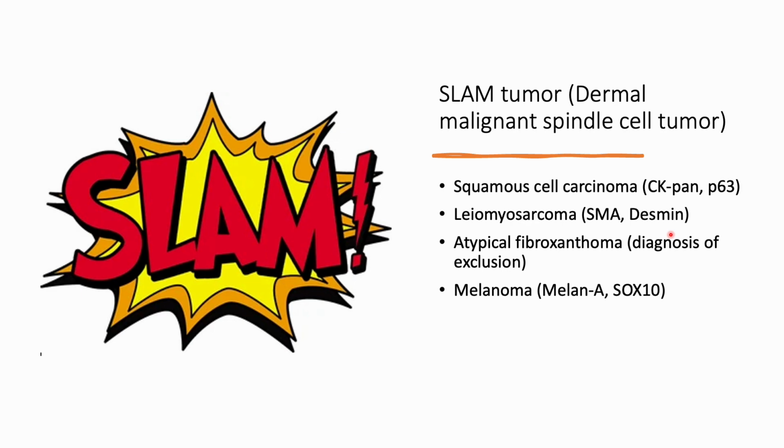The melanoma is positive for melan A and SOX10, except for the spindle cell melanoma, which only stains for SOX10, not melan A. And lastly, AFX, atypical fibroxanthoma, is a diagnosis of exclusion. When you throw all the immunostains and everything is negative except for CD10, then you can make the diagnosis of atypical fibroxanthoma.